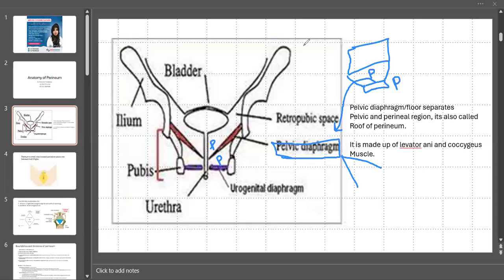Who wants to tell and me this? Guys, pelvic diaphragm is made up of which muscles? I want you to contribute so that you can learn easily. Yes. Levator and coccygeus muscle.